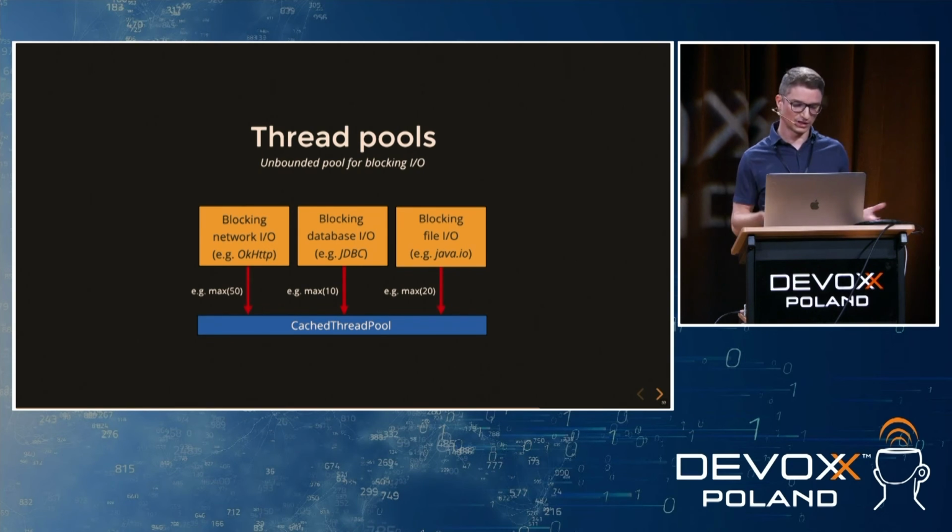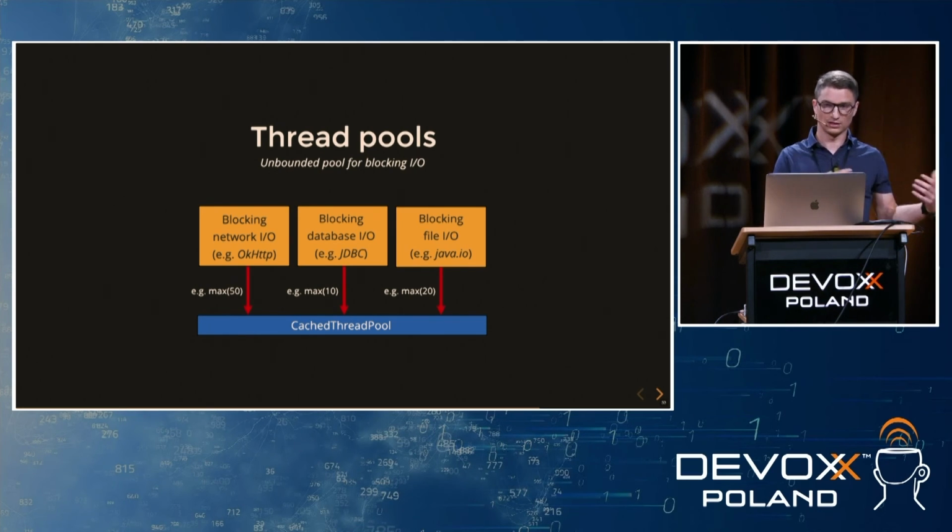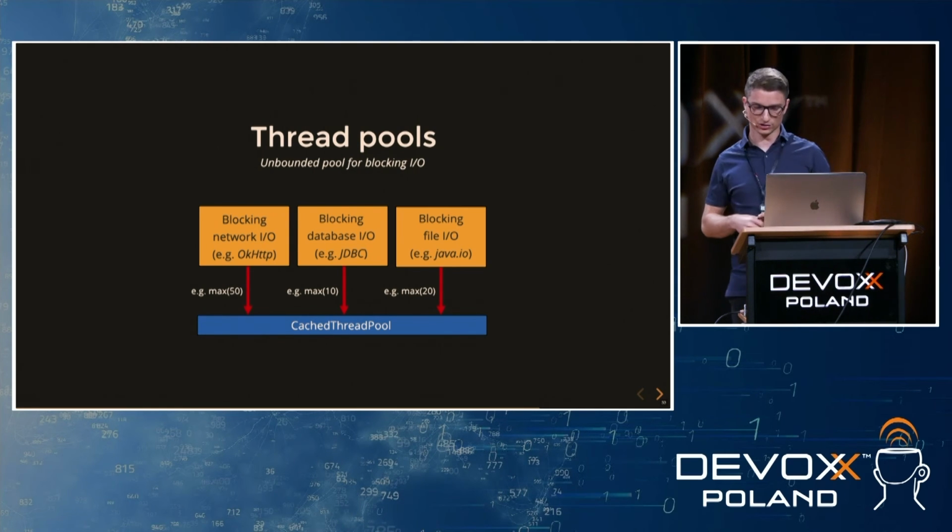And instead of limiting the thread pool itself, we will provide limits at the higher semantic level. For example, in the clients to those external subsystems. In case of network calls, we can, in the configuration of the HTTP client, say that I would like to have at most 50 simultaneous connections.